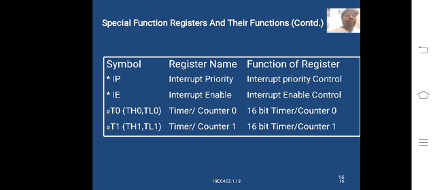Next, the symbol T1, timer 1, which has the timer higher register and lower register, that is TH1 and TL1. The register name is timer or counter 1. The 16-bit timer or counter 1 is the function of the timer 0 and timer 1 registers.